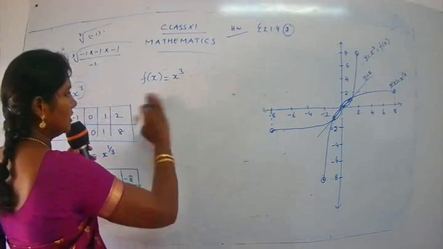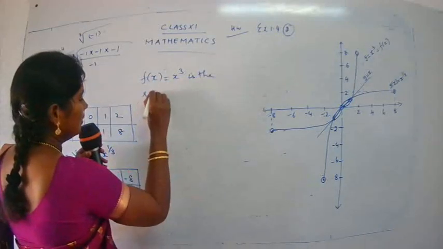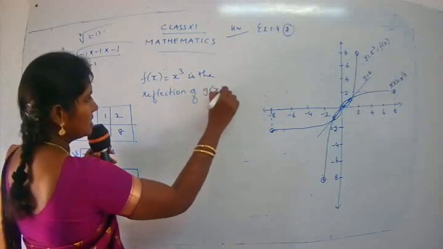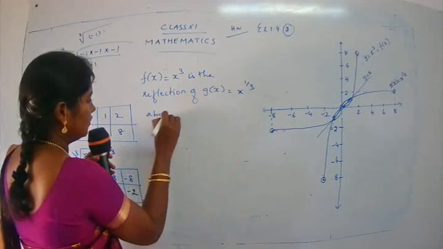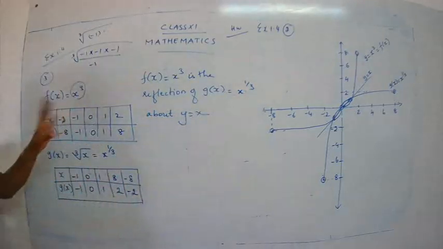Wait, I'll just follow the statement from the definition. F of x is equal to x cube is the reflection of g of x is equal to x raised to 1 by 3 about y is equal to x. This will be the correct statement.